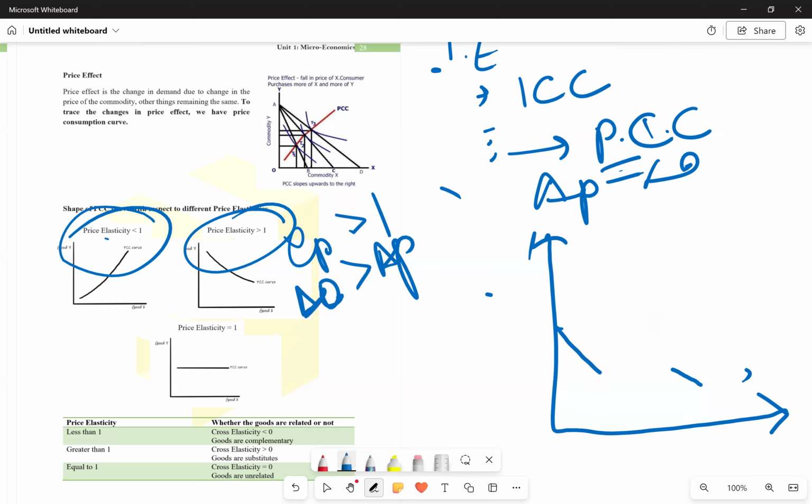This is your budget line and IC, and this is your equilibrium point. Now, price of X falls, and there is an equivalent amount of change in quantity. As a result, there will be a horizontal sloping PCC curve. Okay.